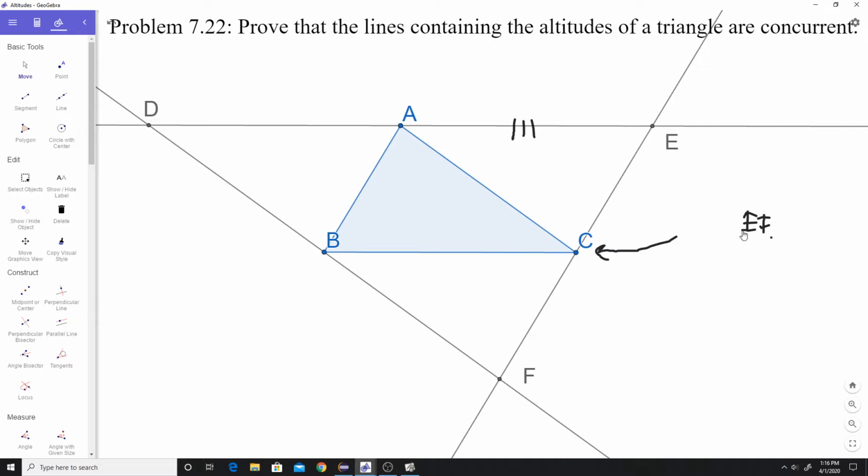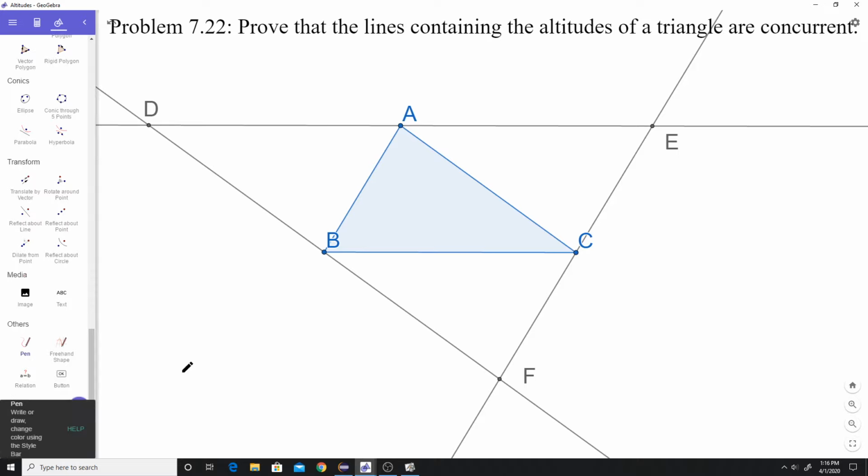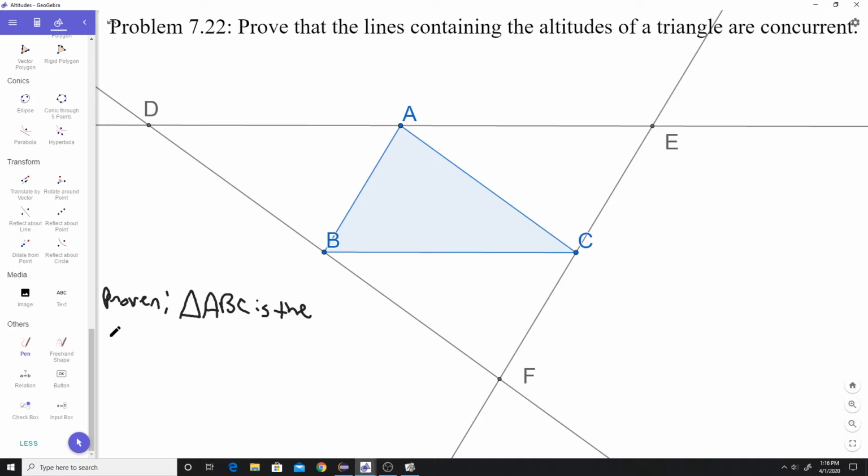Alright, so all that logic has shown that we have proven triangle ABC is the medial triangle of triangle DEF.